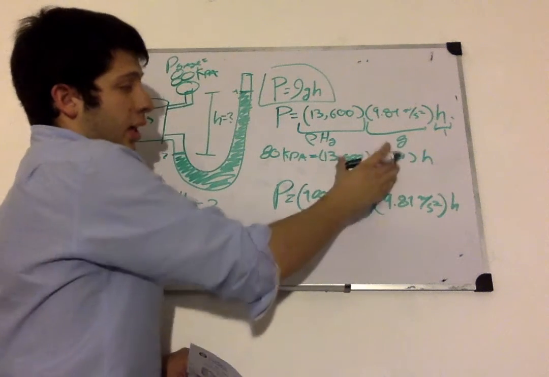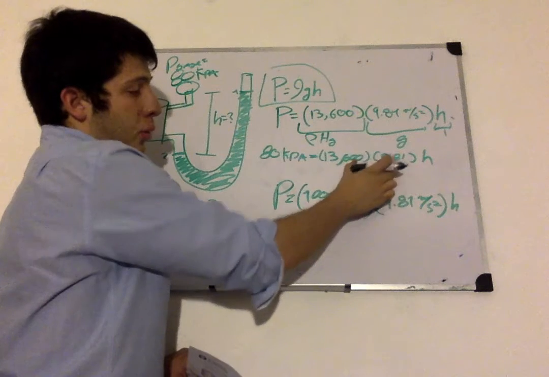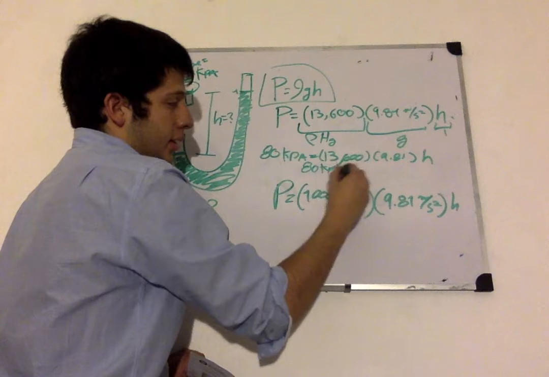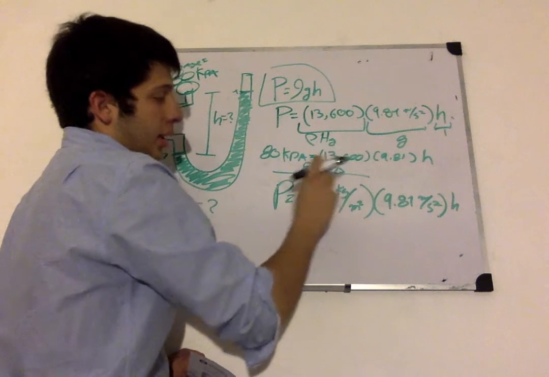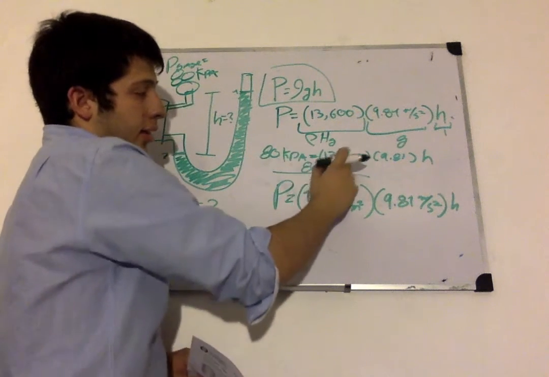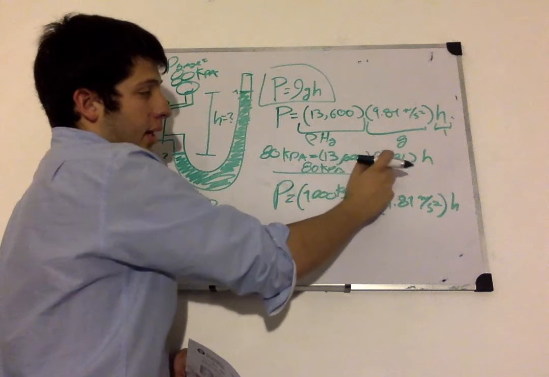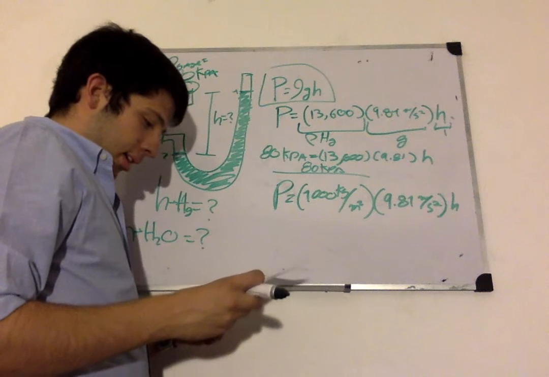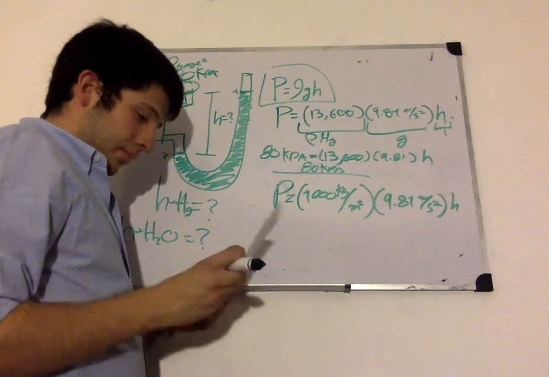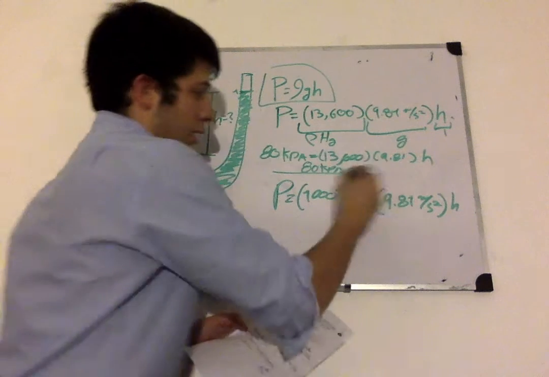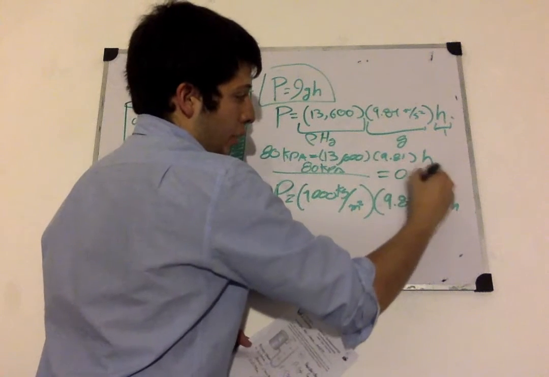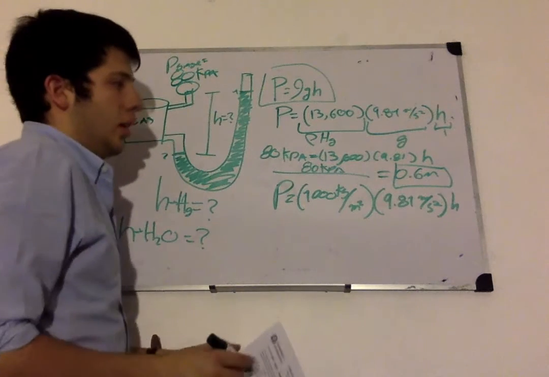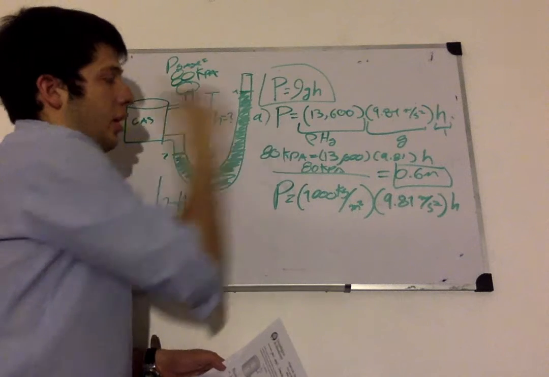So if we get rid of these factors and move them over here, we get 80 kilopascals divided by 13,600 by 9.81, and that gives us 0.6 meters. So this is the answer to the first part of the quiz.